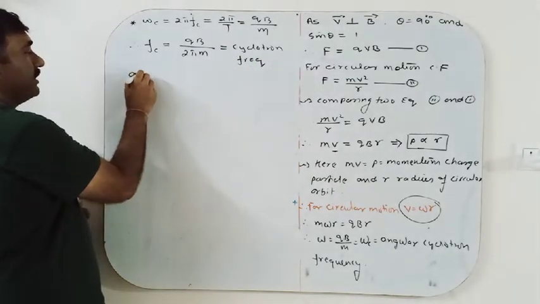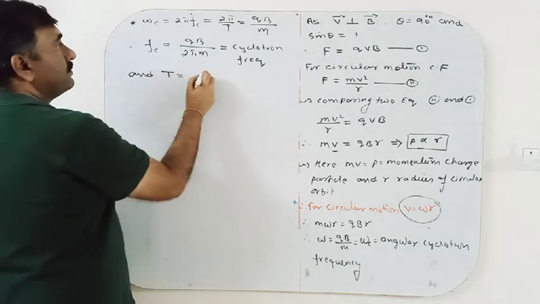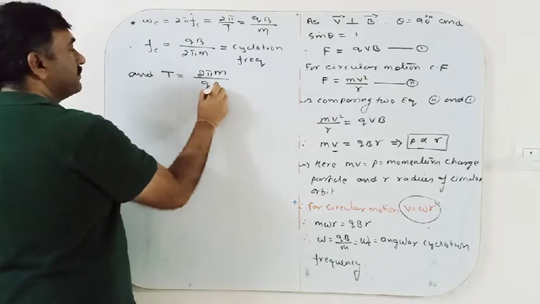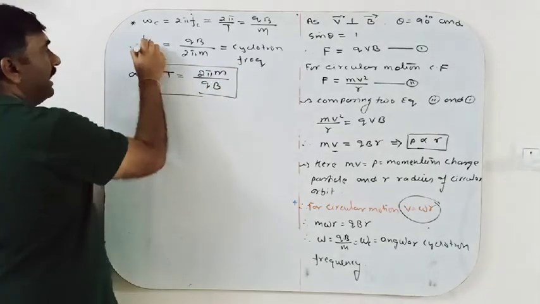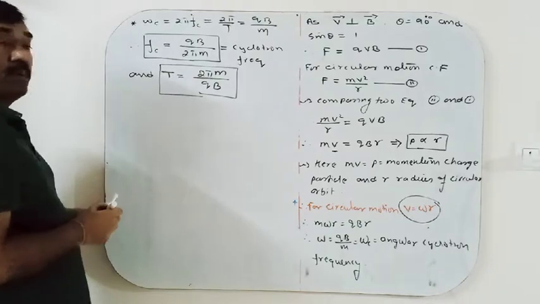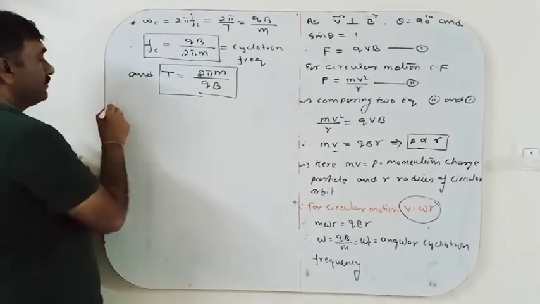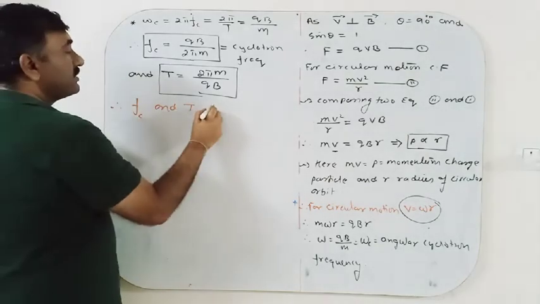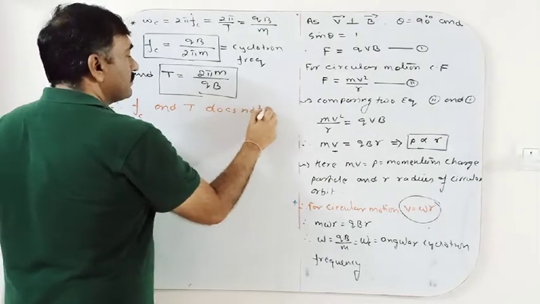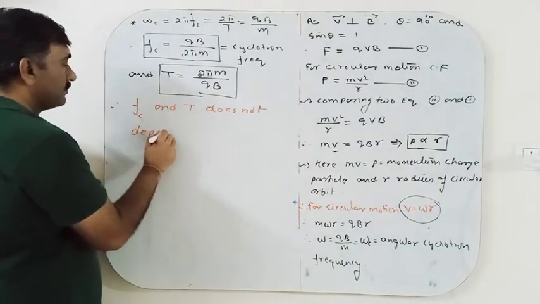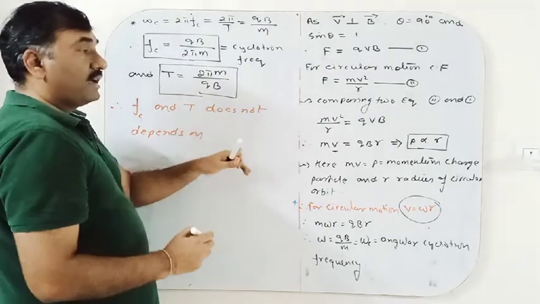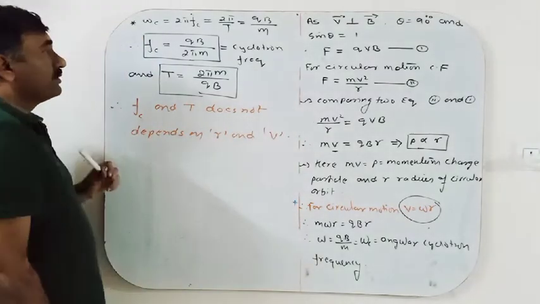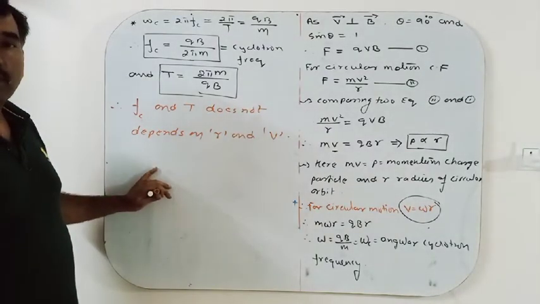And the time period T is equal to 2 pi m divided by qB. So the cyclotron frequency and time period do not depend on what? The radius and the linear velocity. This is the theory behind the cyclotron.